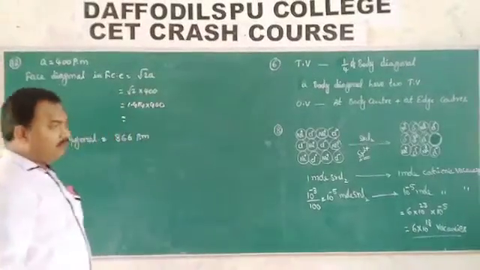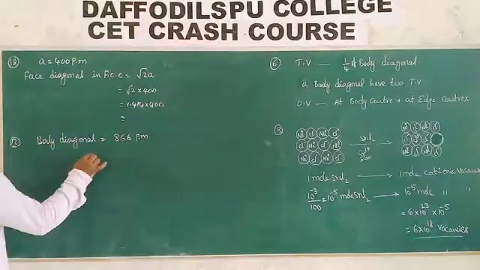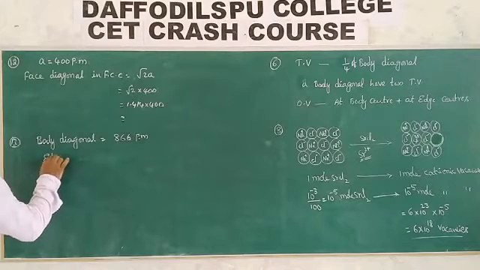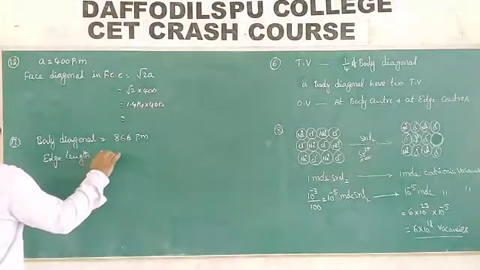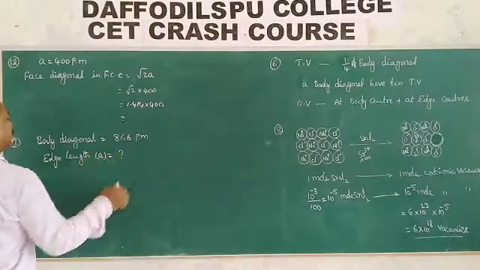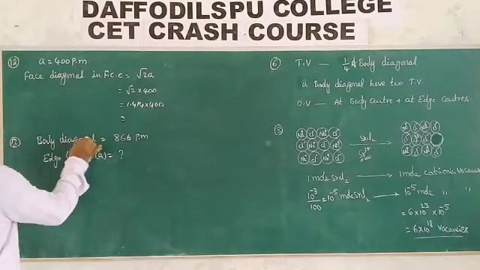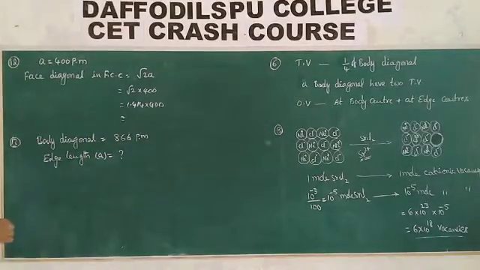Its edge length would be, they are asking the edge length. a is equal to the question. So our body diagonal is root 3a. I already wrote that one.